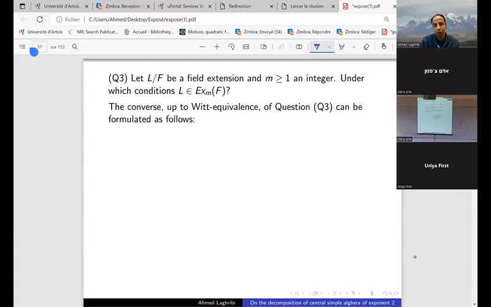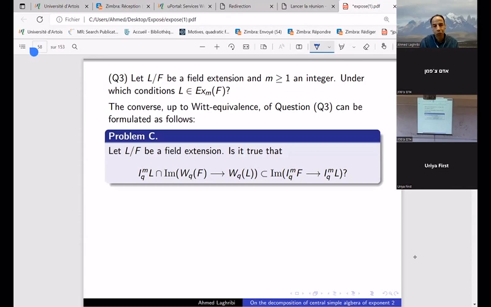The problem is the following. You take L/F a field extension, and we would like to know if the intersection of I^m q L with the image of this homomorphism, which is just the restriction homomorphism, is contained in this image.